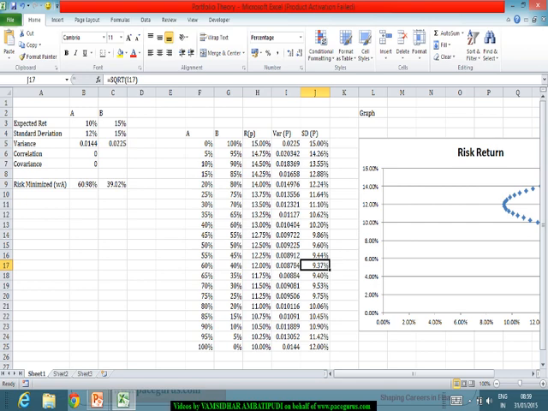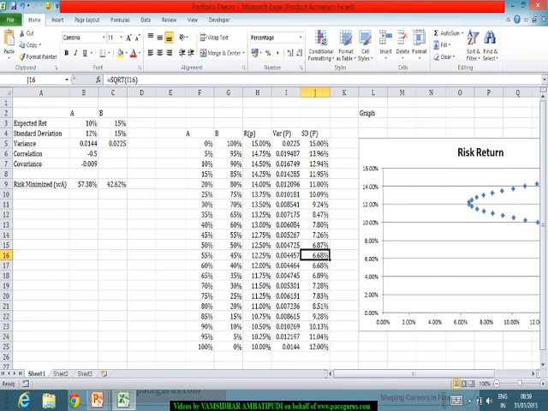Now make the correlation even minus 0.5. I am seeing that the movement is towards the lower standard deviation. And this is where it is saying it's better that you invest 57.3% in A, 42 in B, which could result in somewhere around 6.68, the lowest kind of risk.